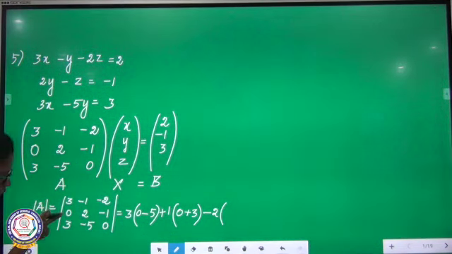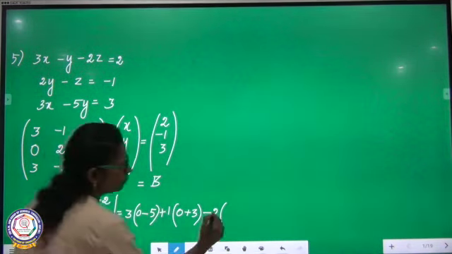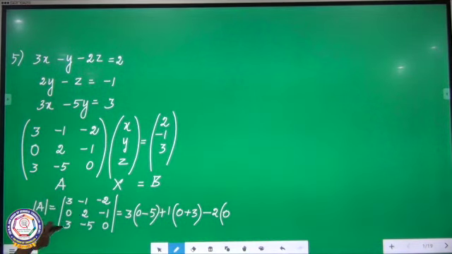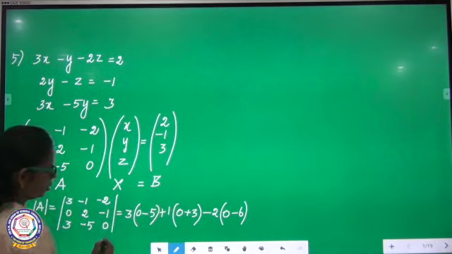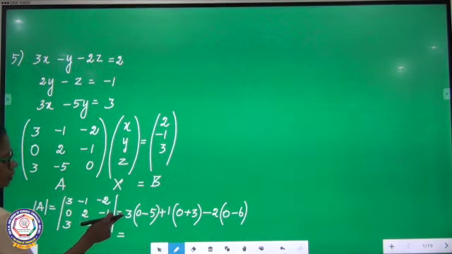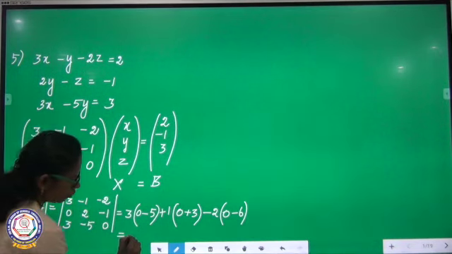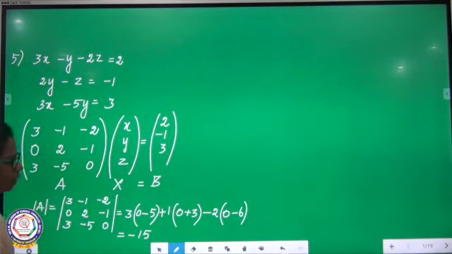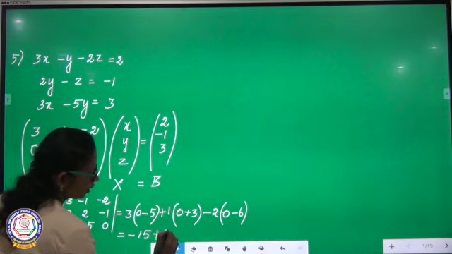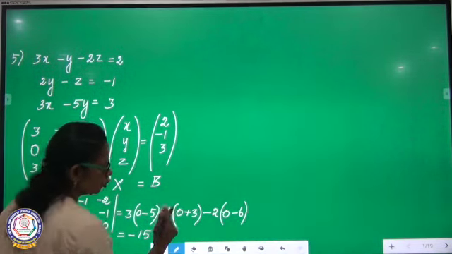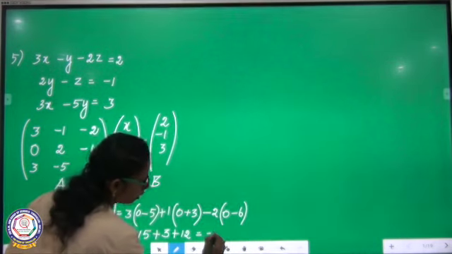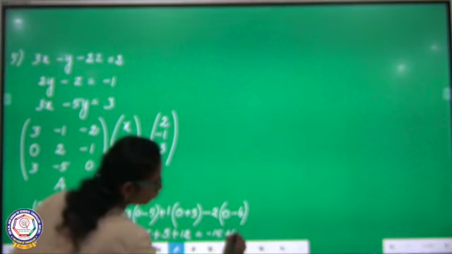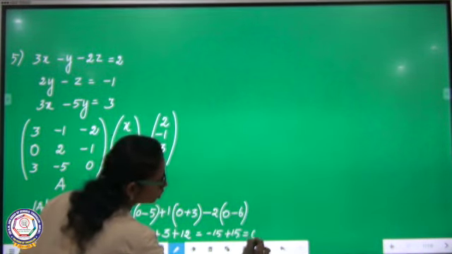The rest of the entries are 0, 2, 3, -5. 0 into -5 is 0. 2 into 3 is 6, so -6. Which is equal to 3 into -5, that is -15, plus 3, minus 2 into -6, plus 12. What do you arrive at? -15 plus 15 equals 0.